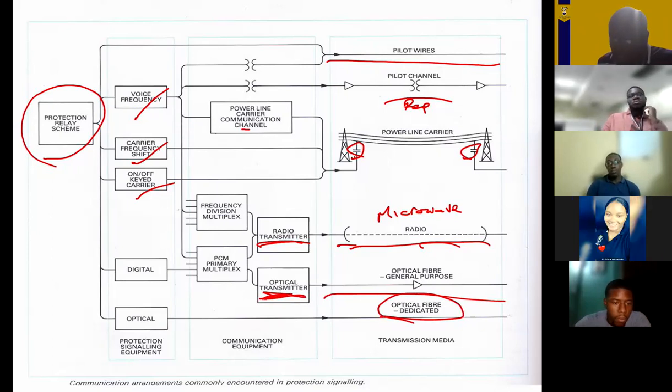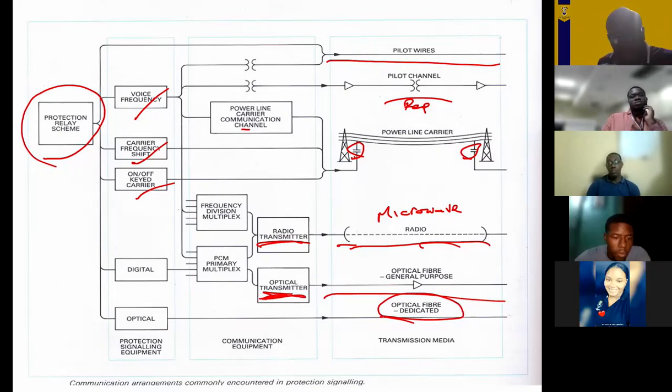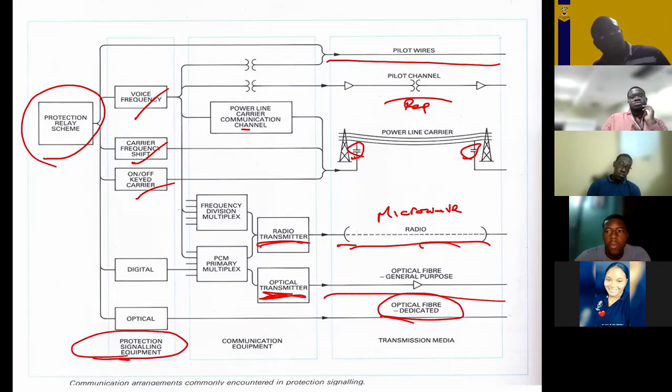Oh, and the other thing I need to point out, I believe this is in the lecture notes. I honestly didn't check before I came here today, but it should be there. So this would be your protection signaling equipment. So that's the relays, based on what we would have looked at. So your distance relay, whatever. So that's the equipment here. All right.